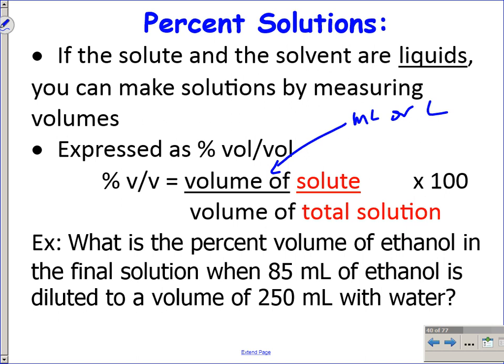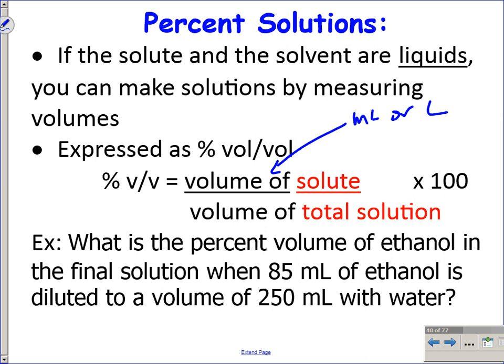And the denominator will always be referencing the total solution. And at the end, once you get your division done, what do you have to do to make it percent? Times by 100. That's why I said these are the easiest ones to do, because these are ones that you've dealt with in probably every math course ever. So let's go ahead and do this one, and then I'll pause and do the rest if we need to during intervention time.